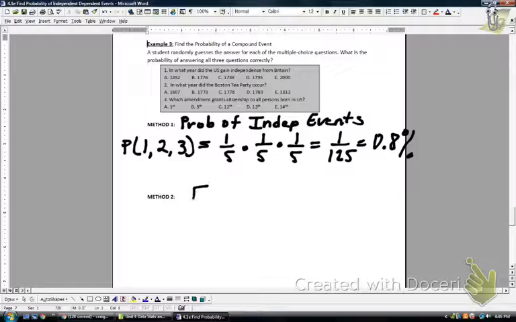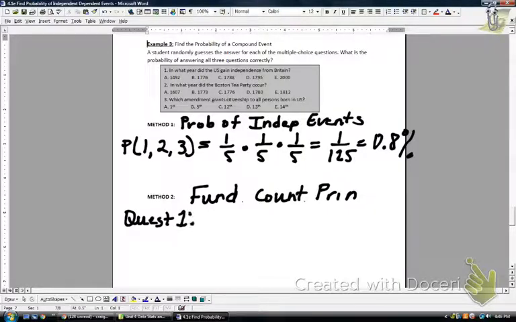Okay, then method 2 is our fundamental counting principle that we learned a couple days ago. And that says that I'm going to find for question 1. And remember how I do these, I have like 2 columns. So I have 1 correct choice out of 5 answers. Then question 2, I have 1 correct choice out of 5.